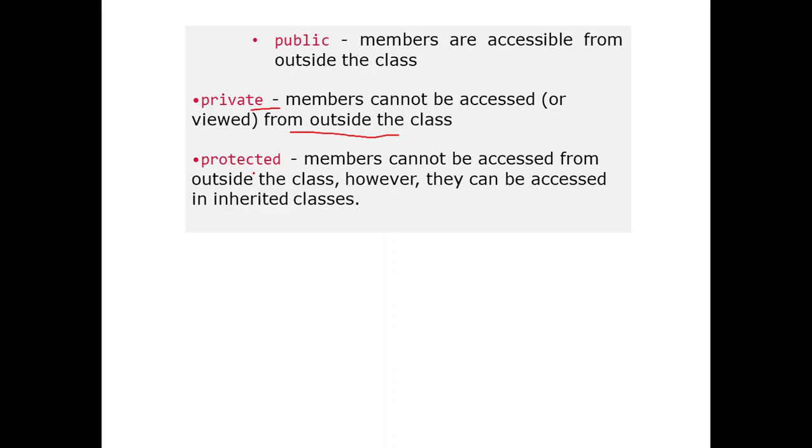And for protected, the members cannot be accessed from outside the class. However, they can be accessed in inherited classes. Very important: inherited classes can access the members, but outside the class, normally the members cannot be accessed. For public, it is accessed. For private, the members are not accessed from outside the class.